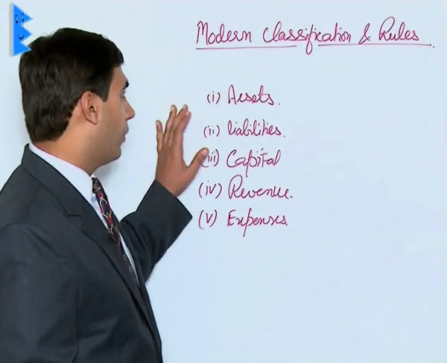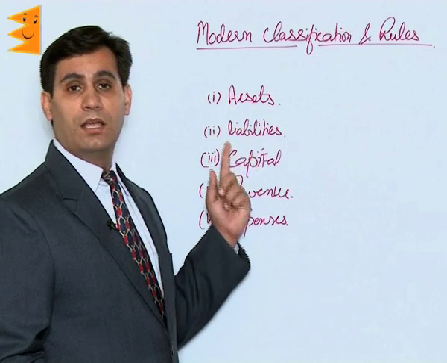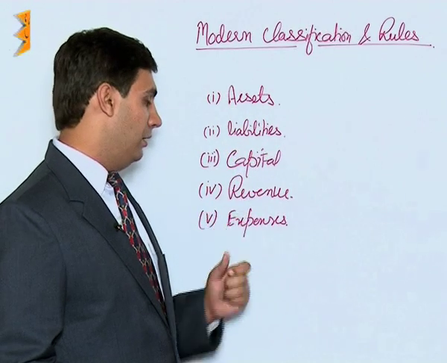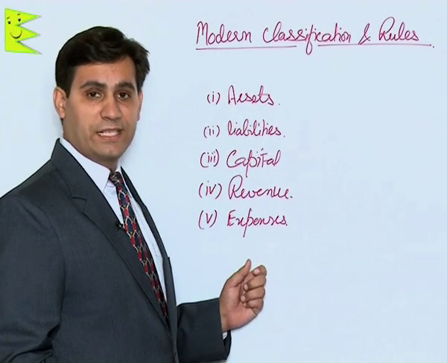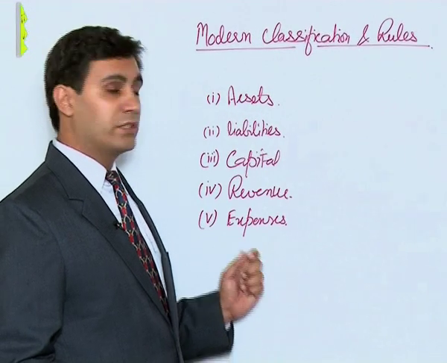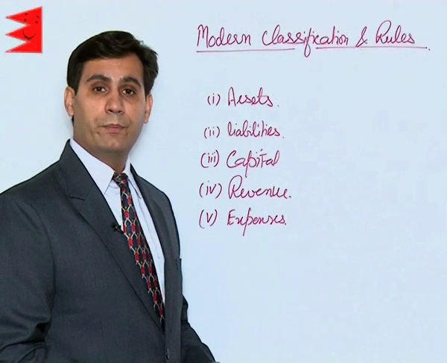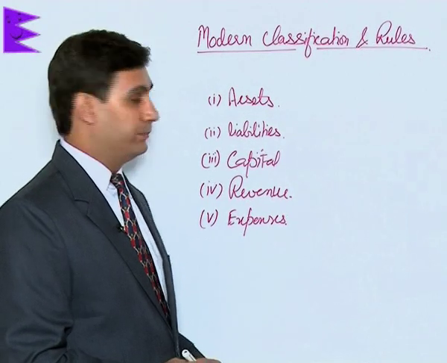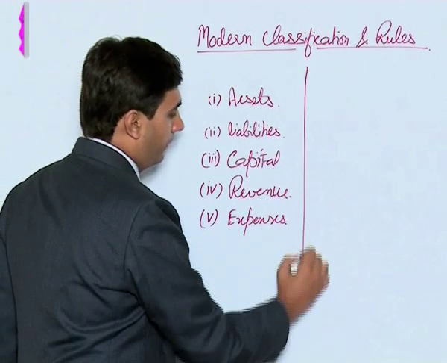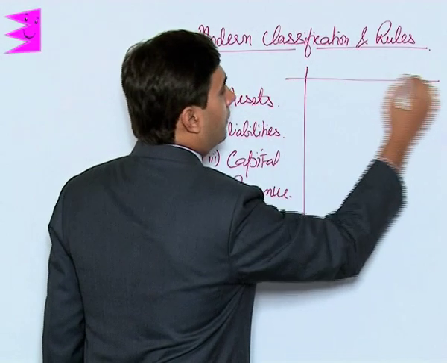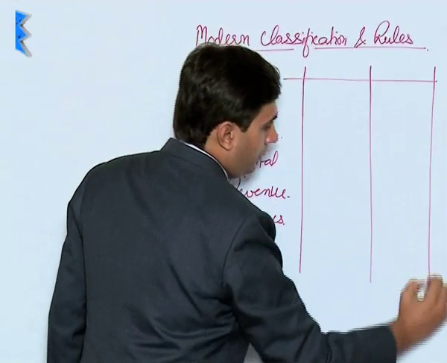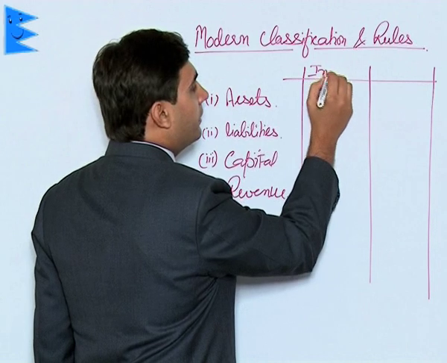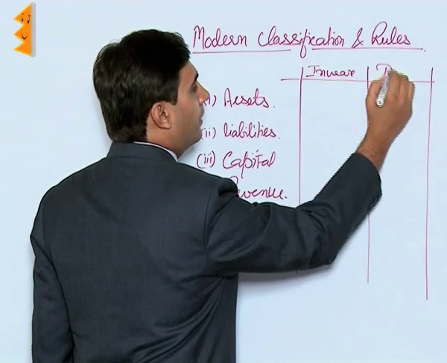So now these are the 5 broad categories: assets, liabilities, capital, revenue and expenses. Now students, the rules of debit and credit are based on these classifications. So let us understand them as well. Increase and decrease.